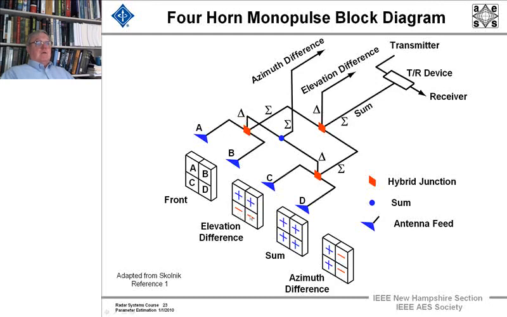And we want to take down here the C and D and add them together. And then what we get is the sum. And what we want to do is then take the sum of these quantities and combine them to get the difference in elevation and the difference in azimuth.